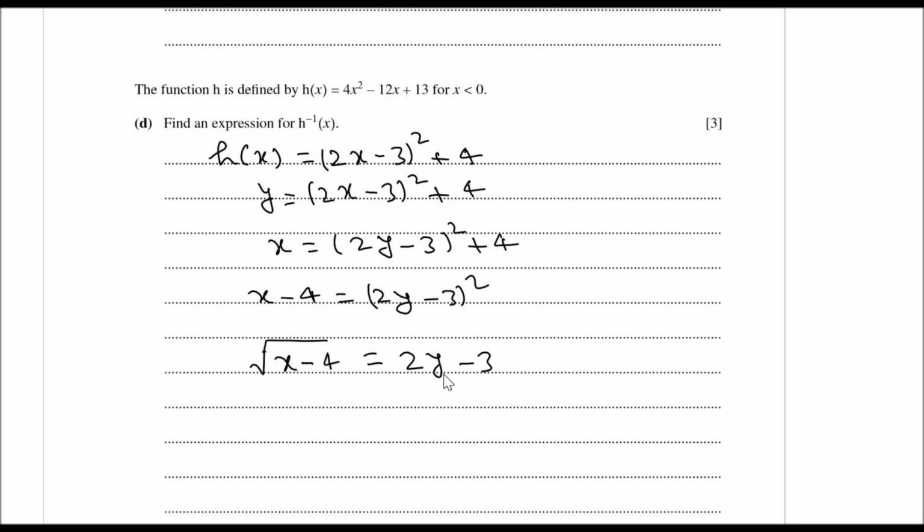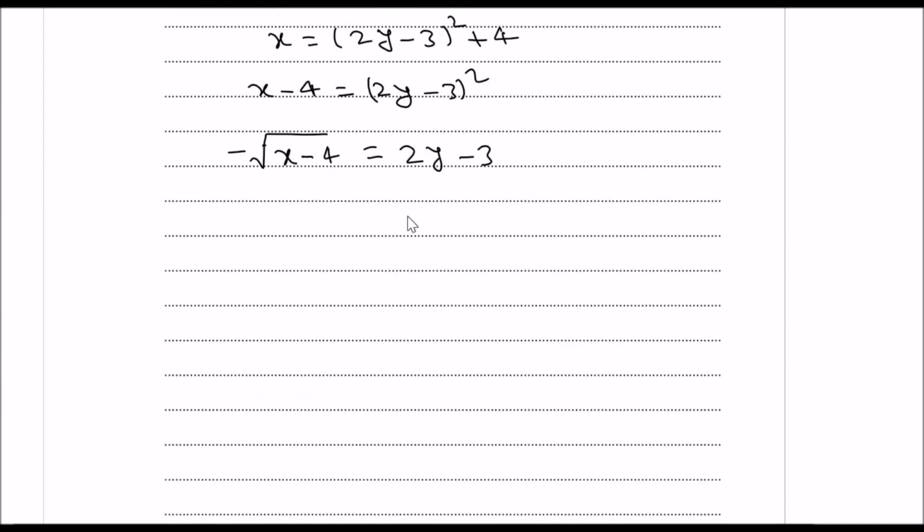If you substitute a negative value for y, this will always give us a negative. Suppose y = −1, so 2 into −1 is −2, −2 − 3 is −5. So we have to take the negative square root, so we'll write the negative square root.